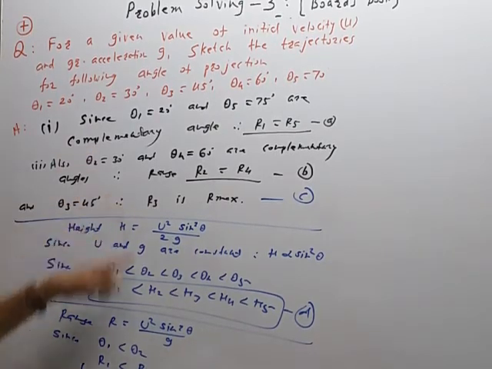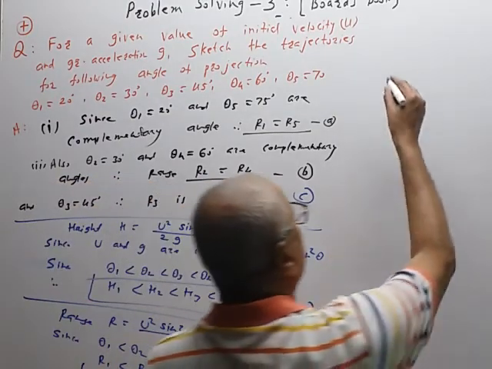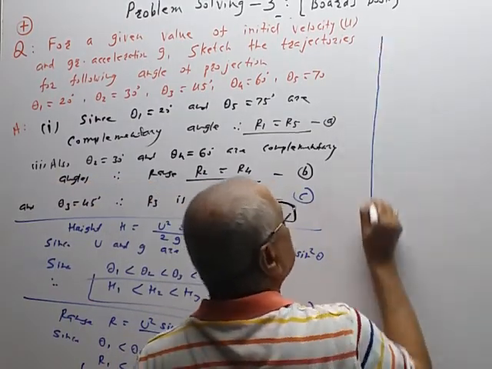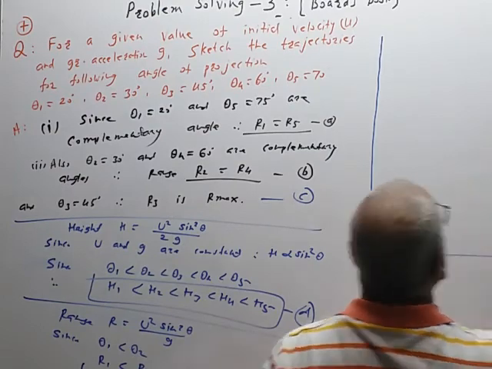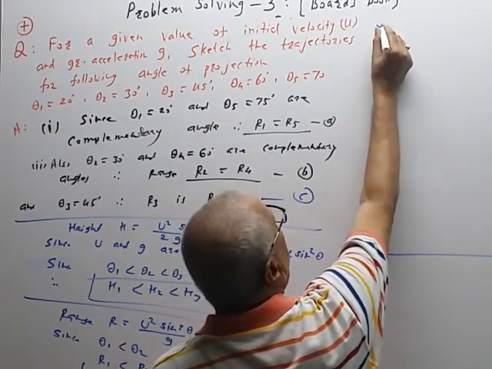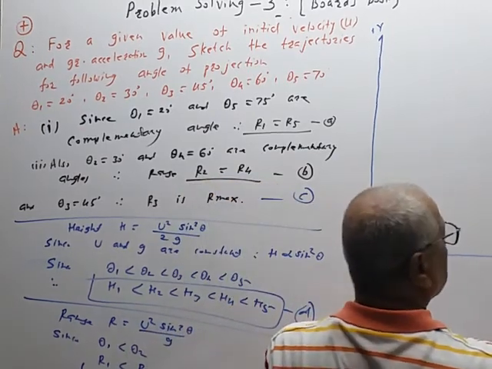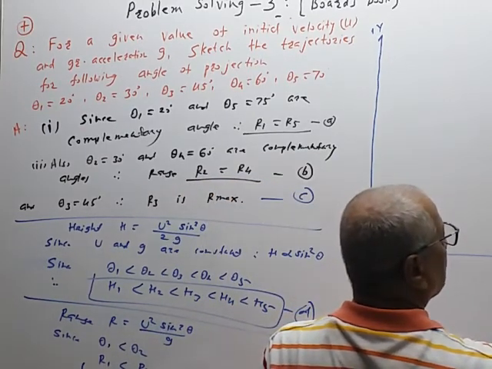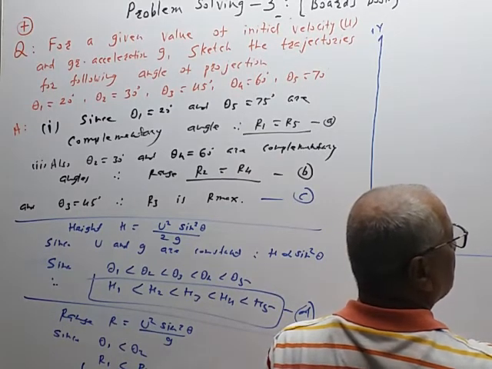So now using this property, you can give the sketches like this. X-axis, y-axis, and this is the origin. So this is R3 is equal to R max.